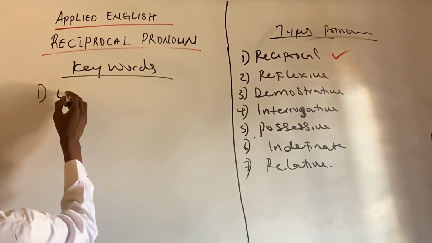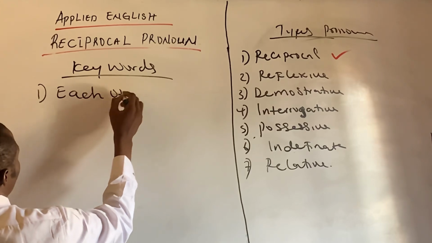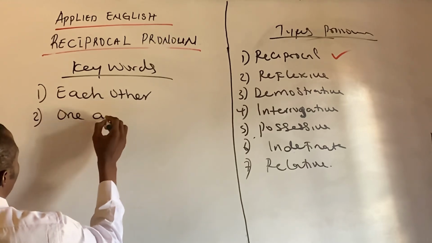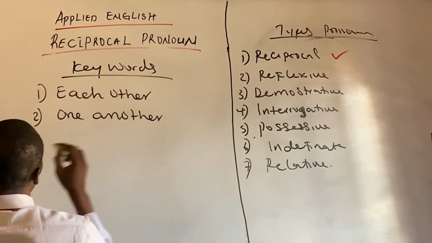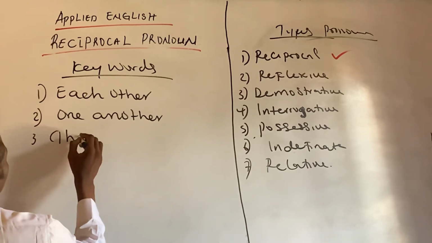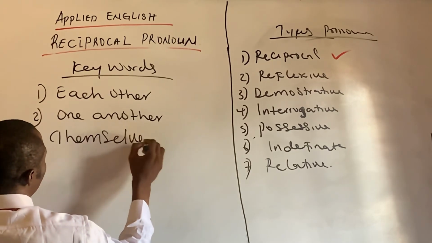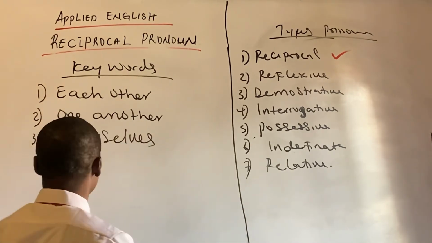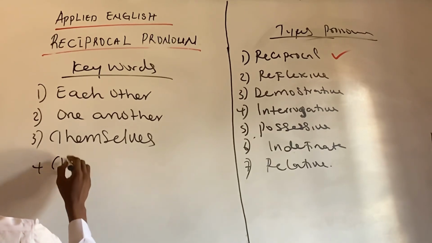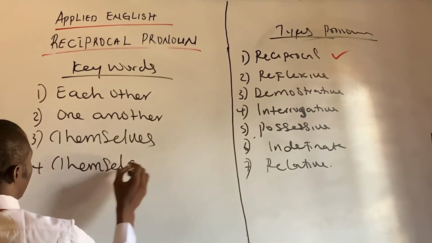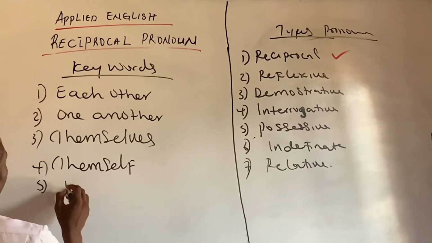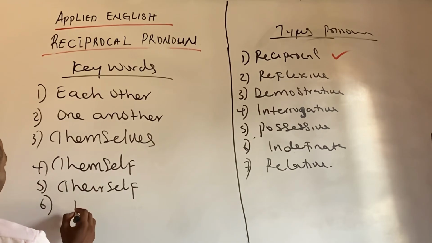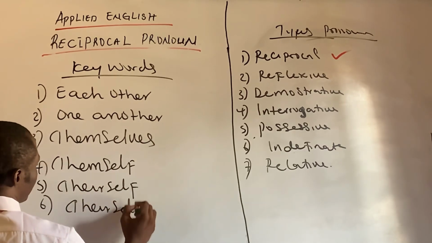We have keywords. Number one is each other. Number two is one another. Number three is themselves. Sometimes you'll find words like themself, or their self, or their selves.